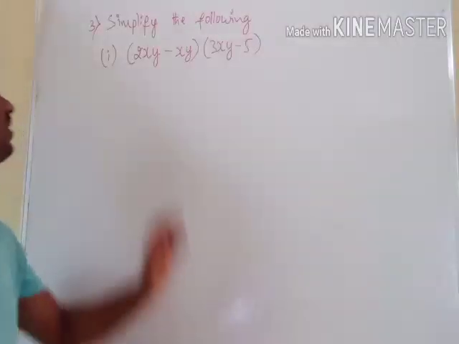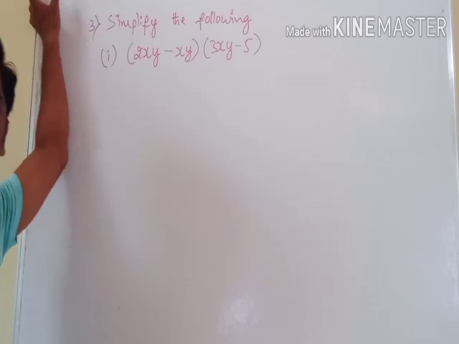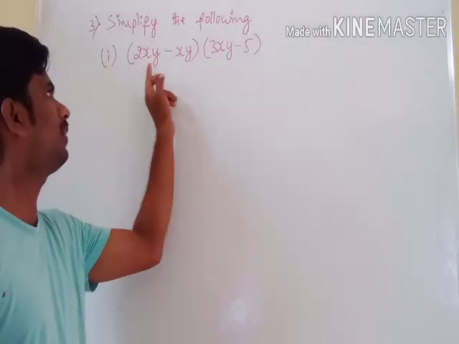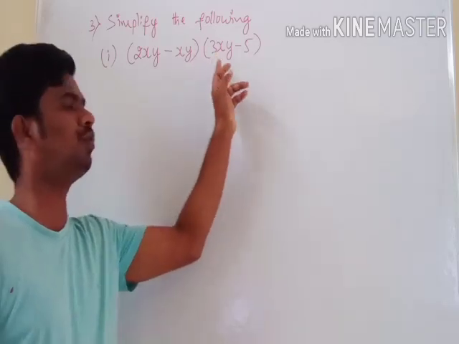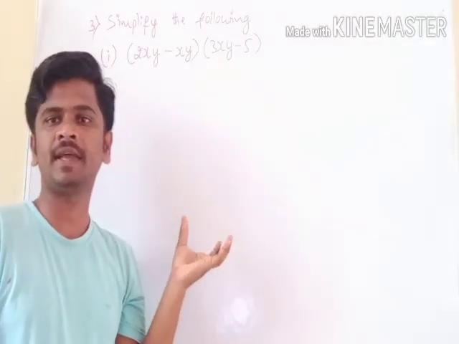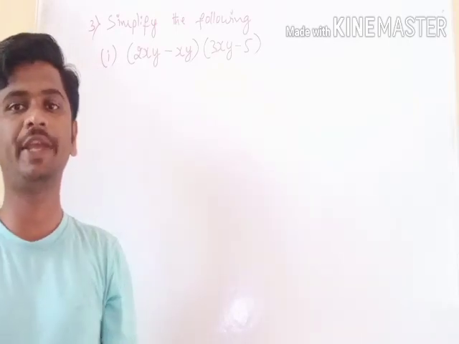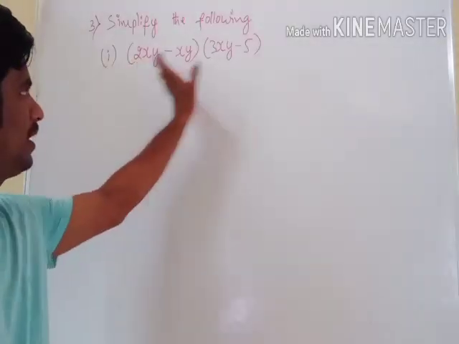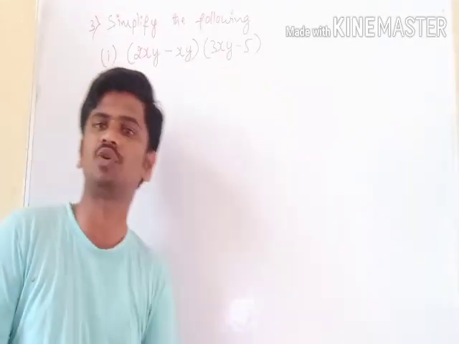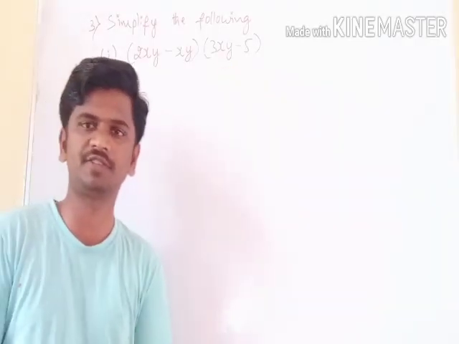Okay, then next, the third question, simplify the following. Here the first one, 2xy minus xy into 3xy minus 5. Here it is a product of two binomials, because this is a binomial and this one is also a binomial. In the last video we have discussed how to multiply binomials. Is it correct?